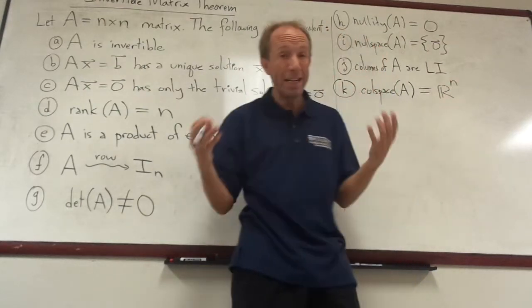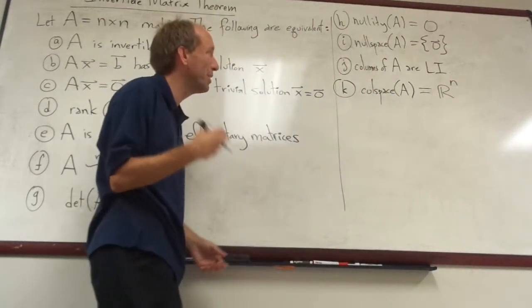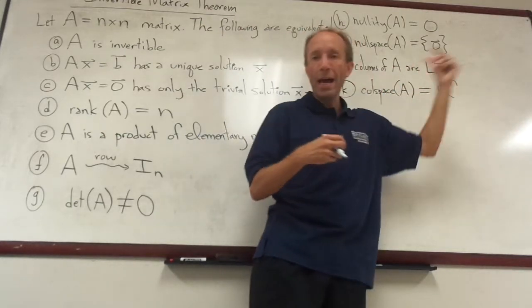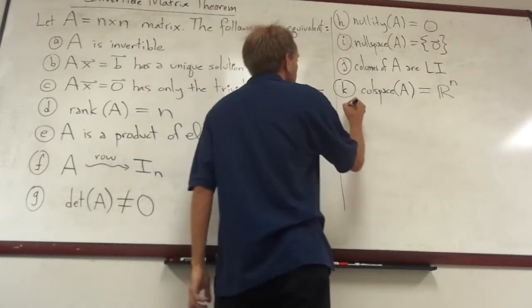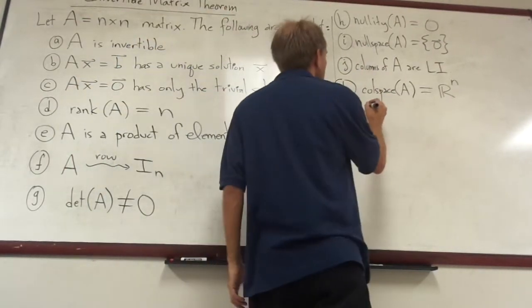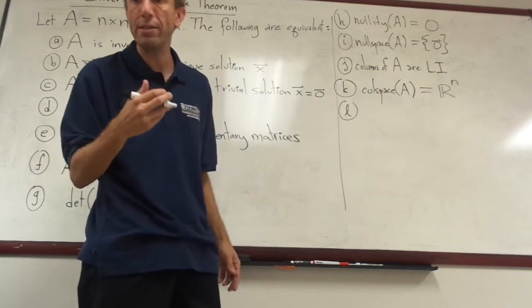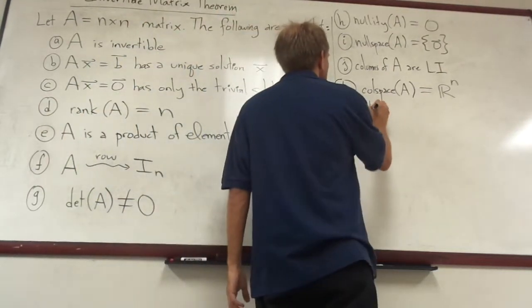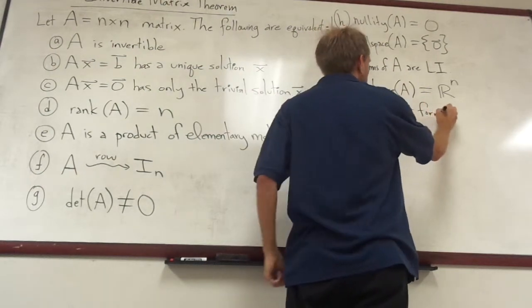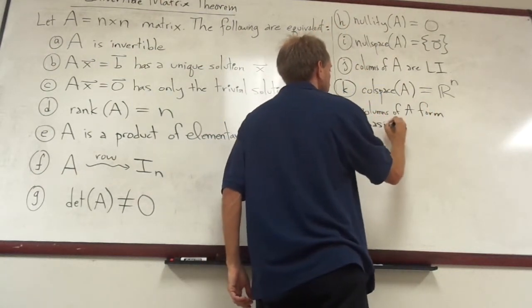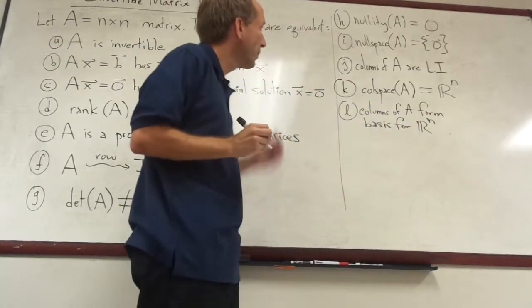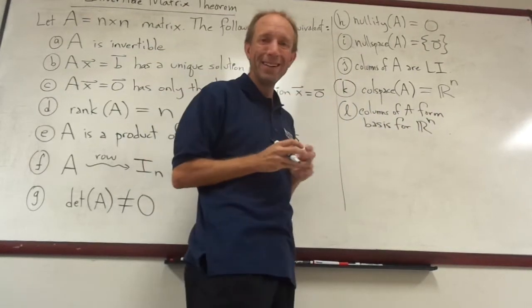It's either both or neither. So the columns are linearly independent, the columns span Rn, and of course, if they are and they span Rn, then we're really just saying that the columns of A form a basis for Rn. So that's J, K, and L.